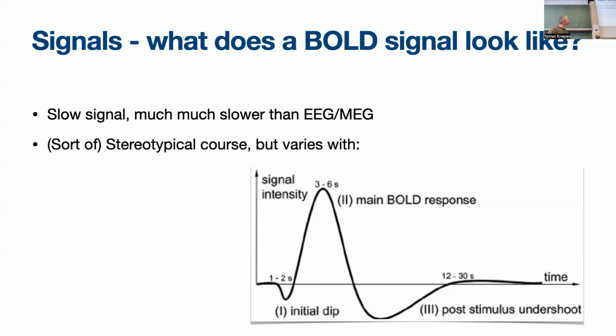Right now, what people do is they always show this bold response, right? And here's another caveat. I can show this bold response, and it will look more or less similar for all of you, right? But it varies. The shape varies tremendously across different people. Depending on the subject that you record from, the bold response will differ.